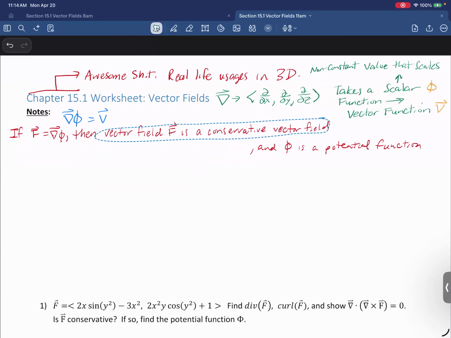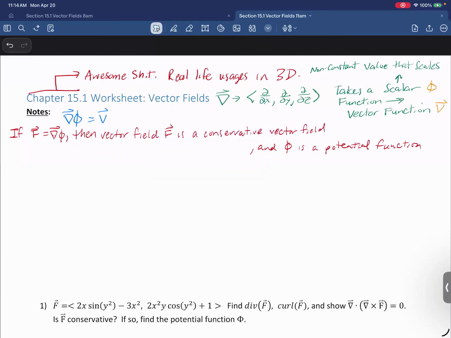If F is the gradient of phi, then the vector field F is a conservative vector field, and phi is the potential, where phi is a potential function. There we go. That's how we're going to word it.